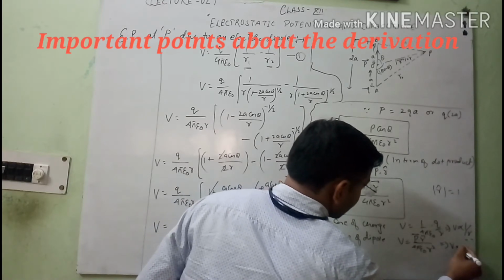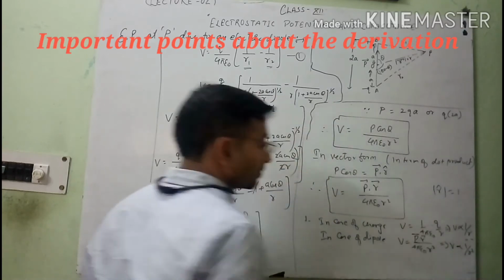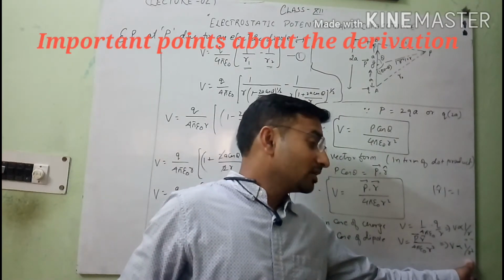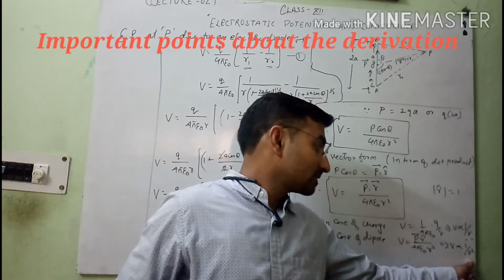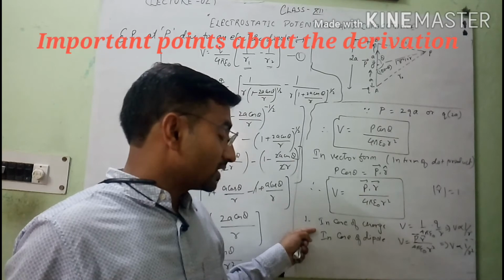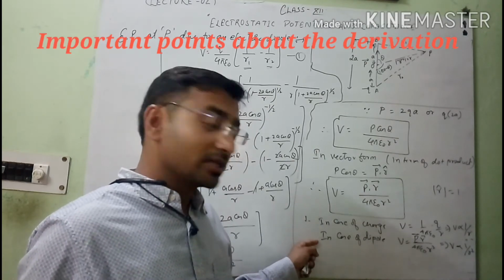So we conclude that V is inversely proportional to R square. So variation of V depends on the value of R square. This is one difference between the electrostatic potential due to a point charge and that due to a dipole.